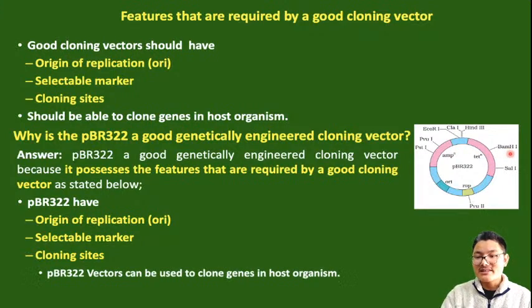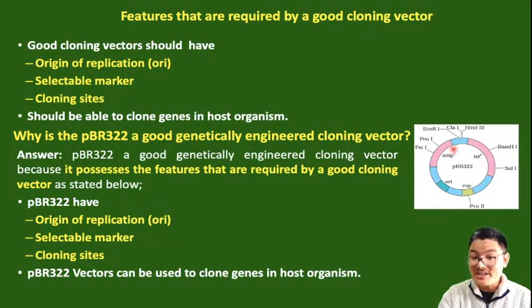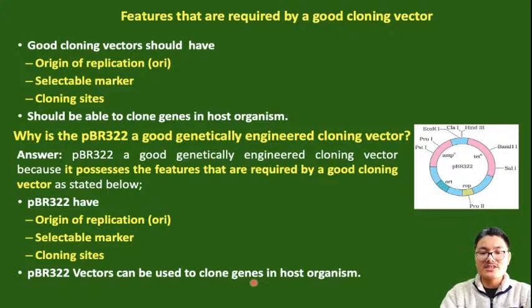And moreover, this genetically engineered cloning vector pBR322 is able to multiply itself or clone itself in host organisms like E. coli and other cells. So pBR322 is a good genetically engineered cloning vector as it has an origin of replication or ori site, a selectable marker, a cloning site, and it is able to multiply itself in the host cell.